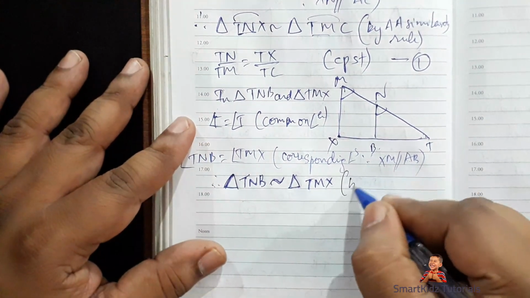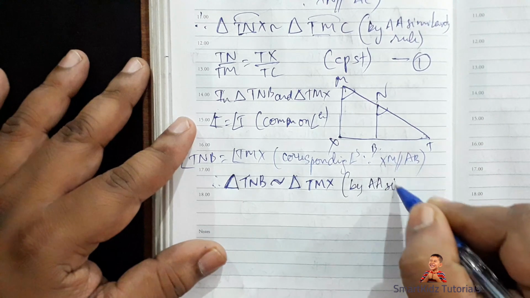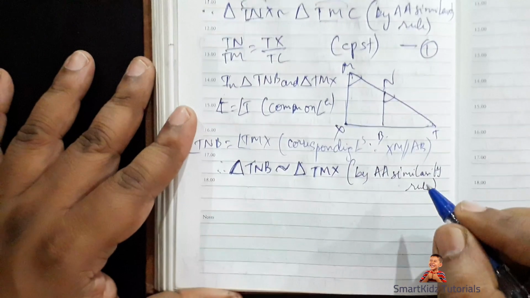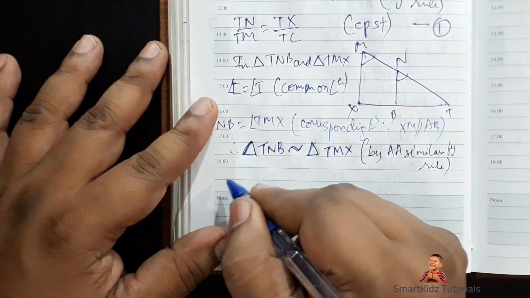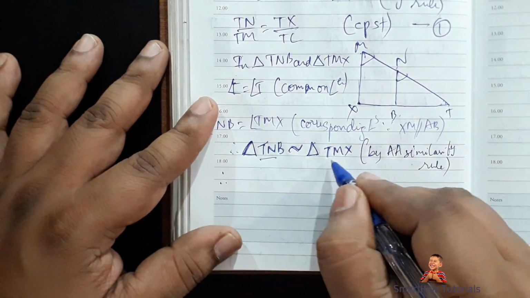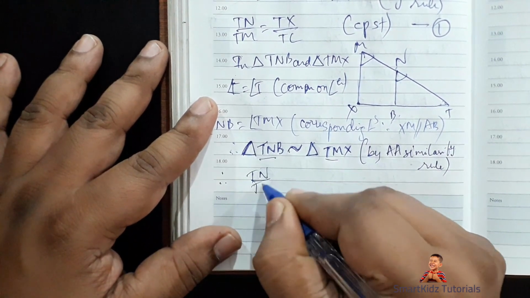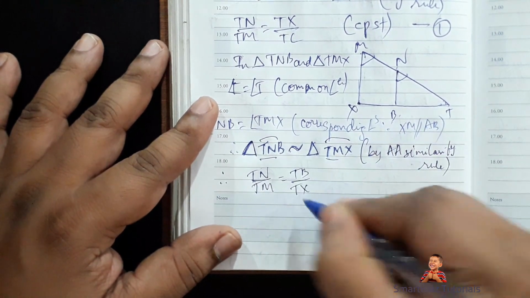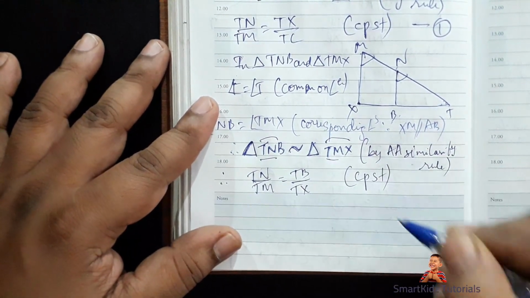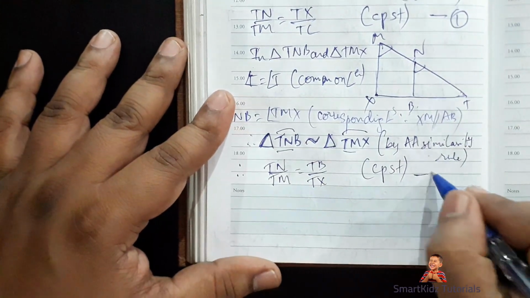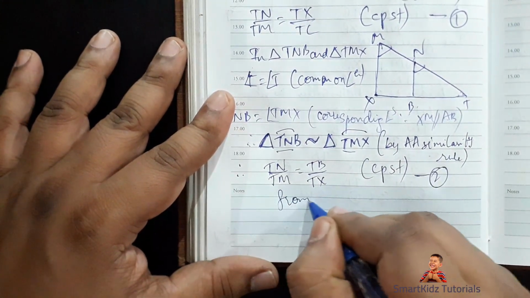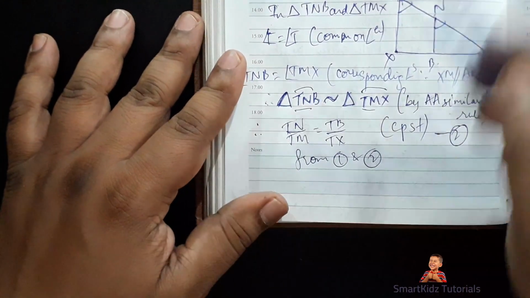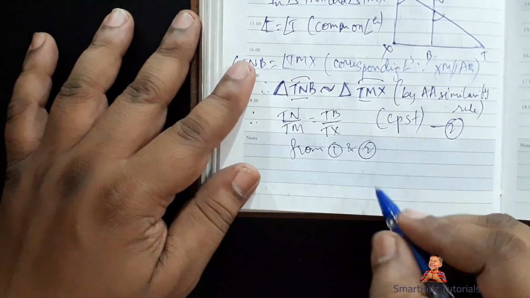So by AA similarity rule, and therefore we can say Tn upon Tm is equal to TB upon Tx, CPST, and we'll mark this as 2. So we can say from 1 and 2, like how we did in the previous method. This is the second method, from 1 and 2.